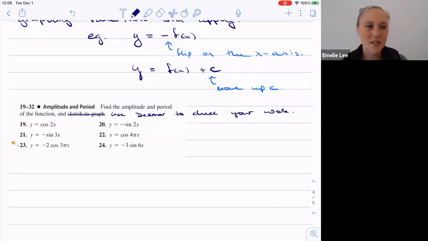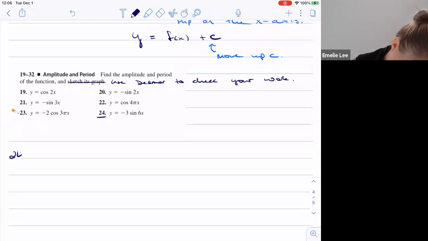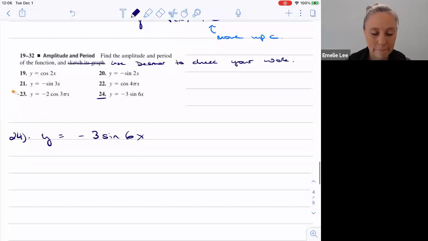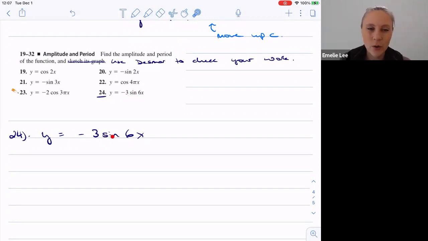So we're going to find the amplitude and the period of one of these functions. So let's do 24. Okay. 24 says that y is -3 sine 6x. So what I need to do is rewrite this. I know I have a sine function, which tells me a lot of things, right?